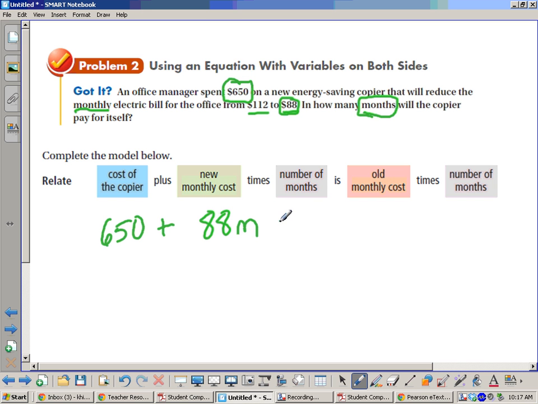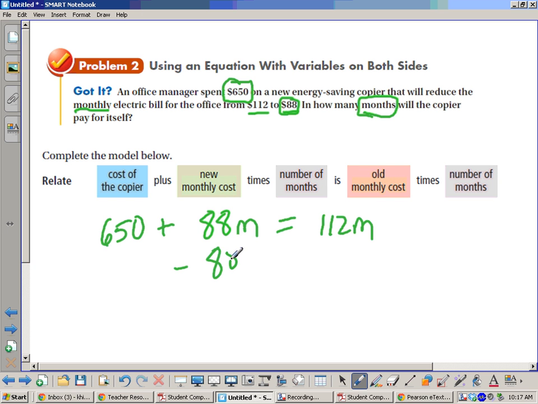Well, we want to know based on the old, so we're going to set this equal to the old monthly cost of $112 times per month. So if we would have stayed with the old copy machine, not paid this $650, we would have continued to pay $112 per month. We're now paying $88 per month. We want to figure out how many months it will take to get this $650 reduced down to nothing.